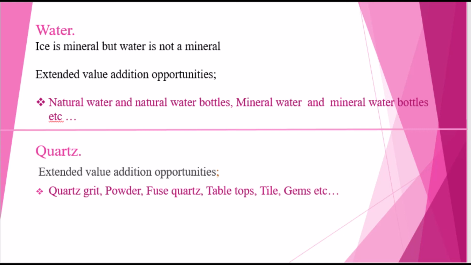Quartz. Earlier we discussed silica sand, and now quartz, which has a lot of value additions. 99 plus percent vein quartz is available in Sri Lanka. Using this quartz, we can produce grits and fine powder, export them, and obtain a lot of money. We can also produce glass and other products from quartz.